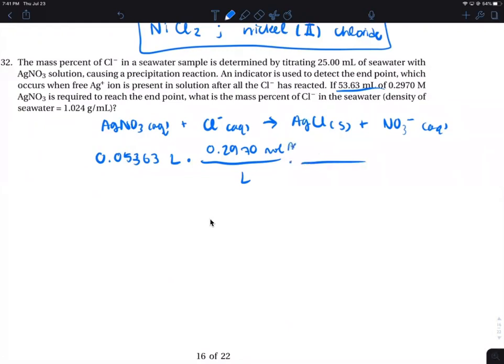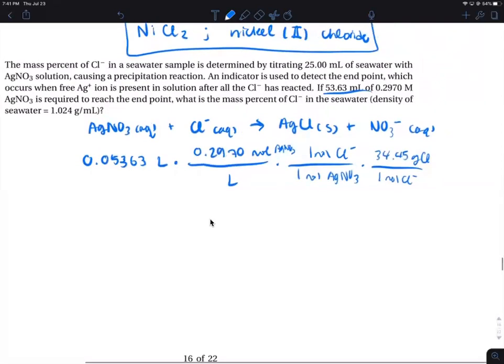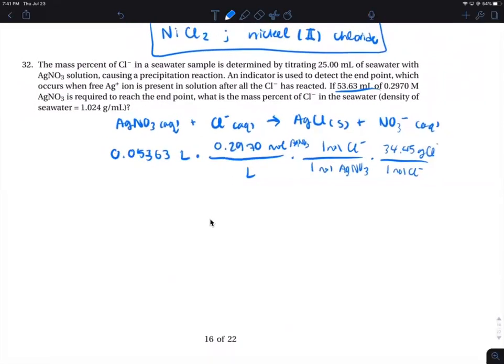So this is AgNO3. So for every 1 mole of AgNO3, there's 1 mole of Cl minus. And then in 1 mole of Cl minus, there's around 34.45 grams Cl. So that's just Cl, and that gives us around 0.56465 grams of Cl minus.